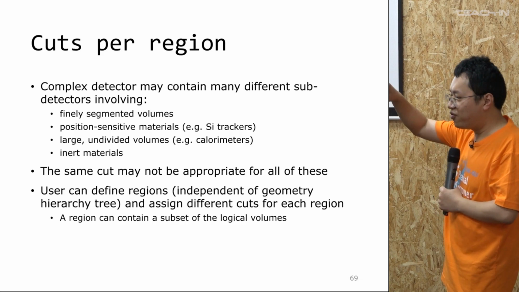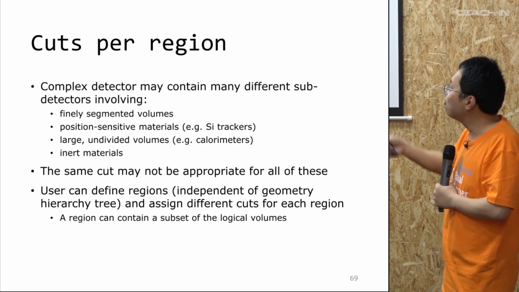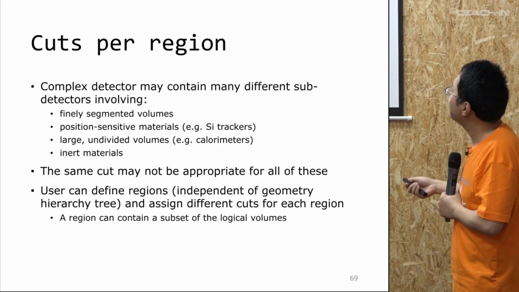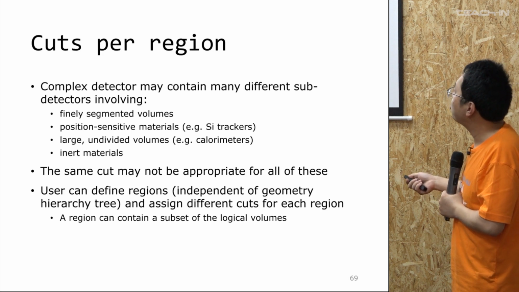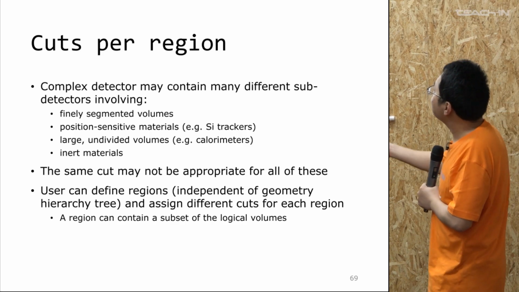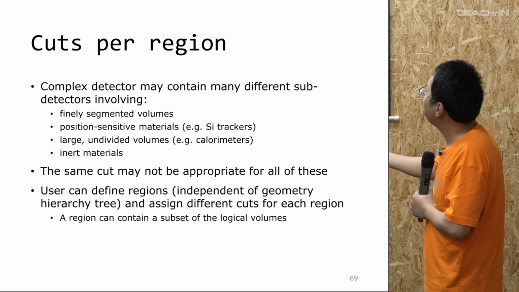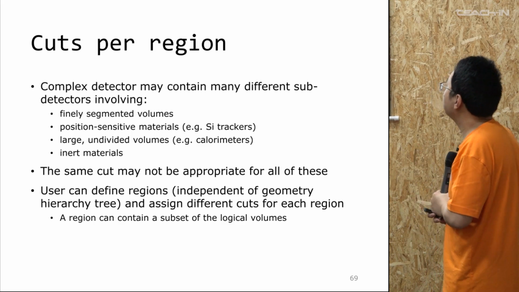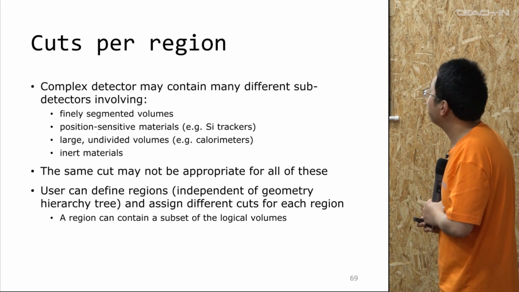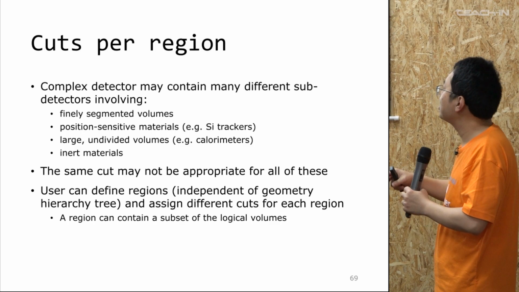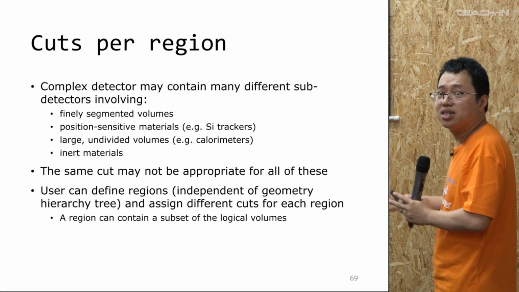That means you can define a part of or a collection of detector volumes as the same region, and then you can assign a different production cut to this region. So, for example, here there are several examples. We can have different production cuts for different materials or different detectors. This can be useful to speed up the whole simulation, especially when we have a very complicated detector construction.